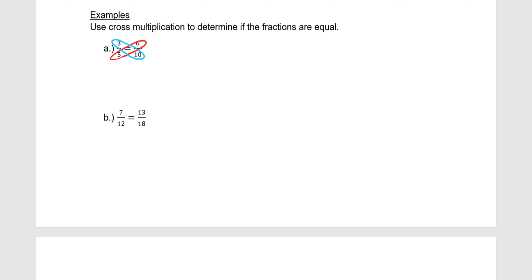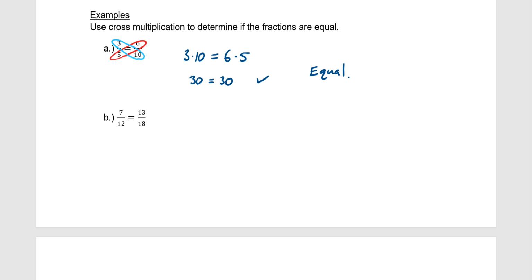So that would be 3 times 10 equals 6 times 5. Numerator times denominator equals numerator times denominator. So we get 30 equals 30, which is true. So these are equal. So this proportion is true.